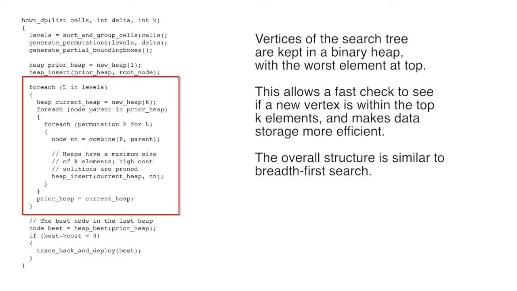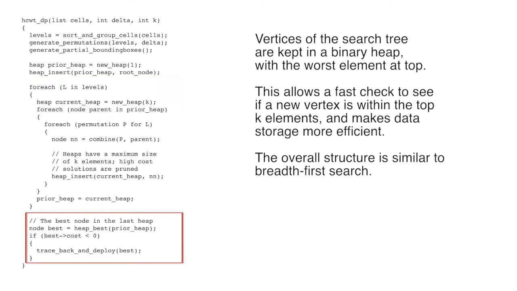We keep a heap simply because that makes it easy to keep track of the top k elements. Once we've finished all the layers, we go down and find the best solution, and we trace back up the tree to the root to find every configuration for every row. The code is relatively easy to implement once you have a good idea on how to do it.